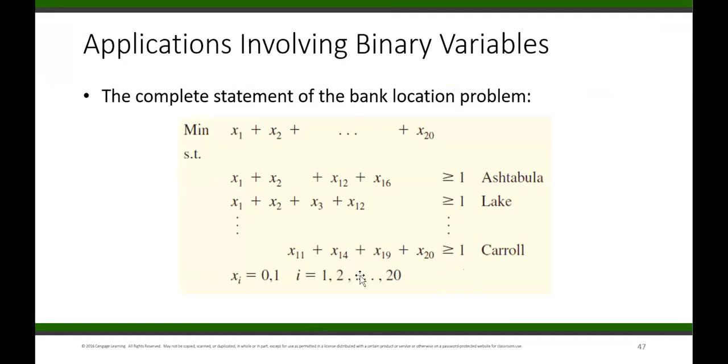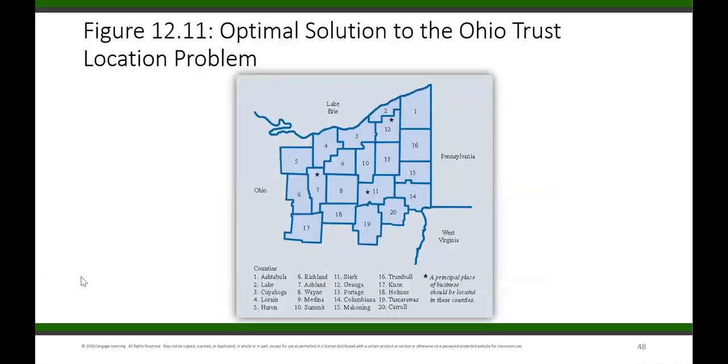And that will make sure that the last county, county number 20, is covered. There's at least one PPB opened that is eligible to cover county number 20. And when we solve it, this is actually the optimal solution.